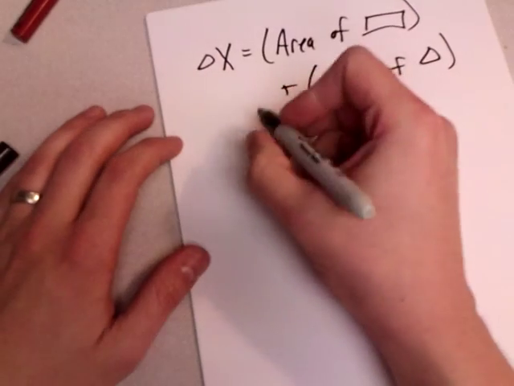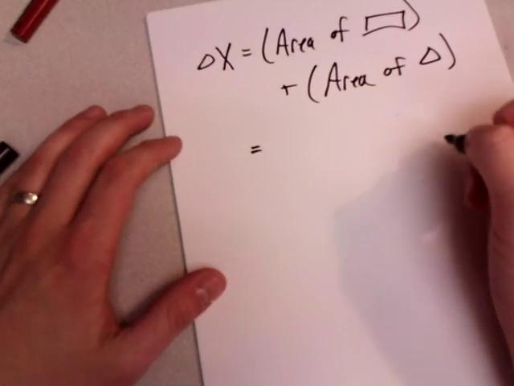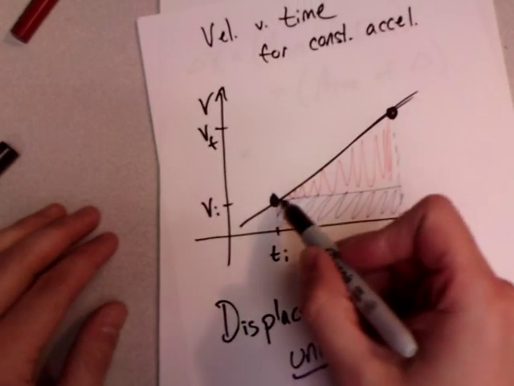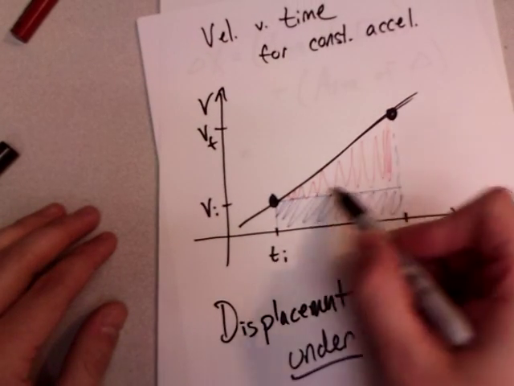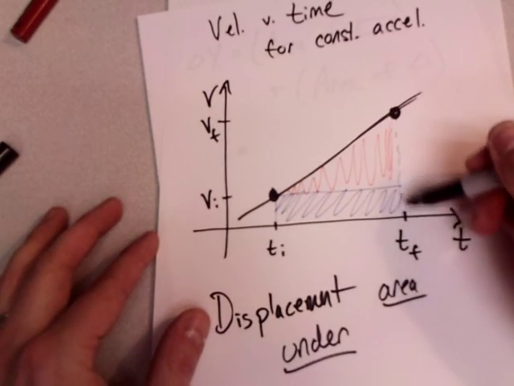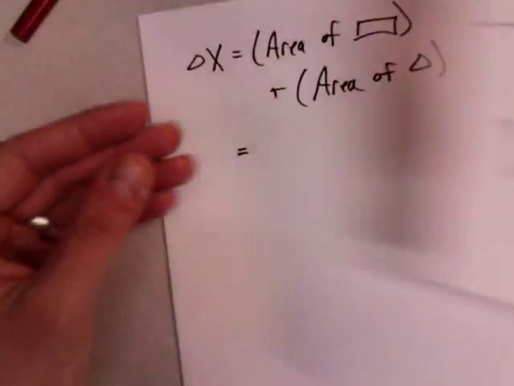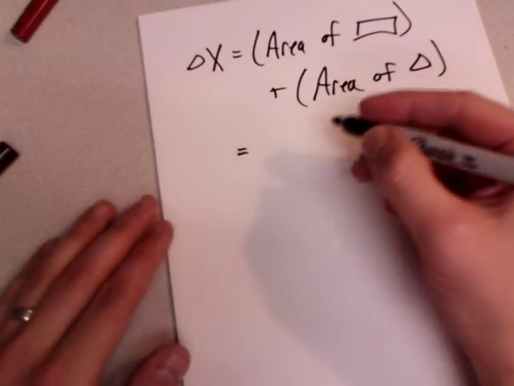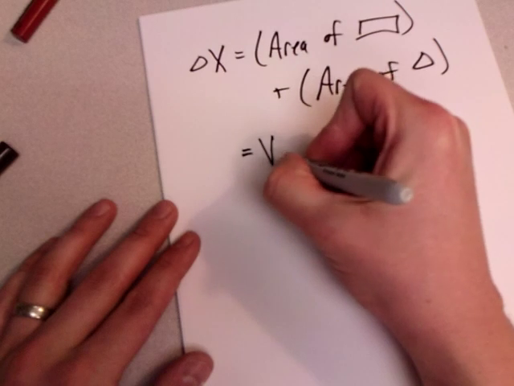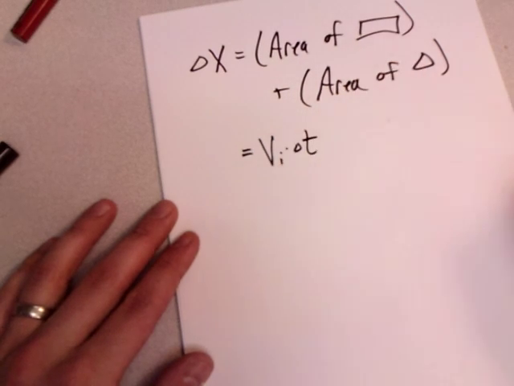Now our rectangle is just base times height. If we look back at this plot, we see that our base is our time interval, delta t, tf minus ti, and our height is just the initial velocity vi. That's how high we are from the x-axis, where y equals 0. So our area of our rectangle is going to be vi times delta t.